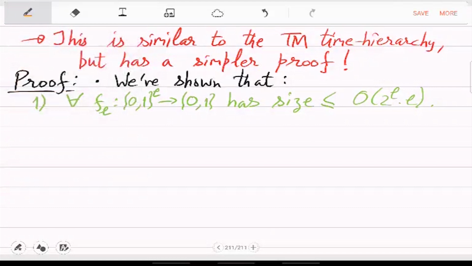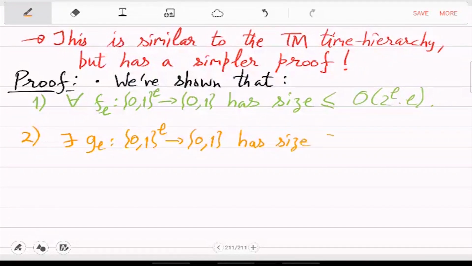And second, there exists a function GL of size more than 2 raised to L by L. So we have these two: the first is the upper bound result, the second is the lower bound result.